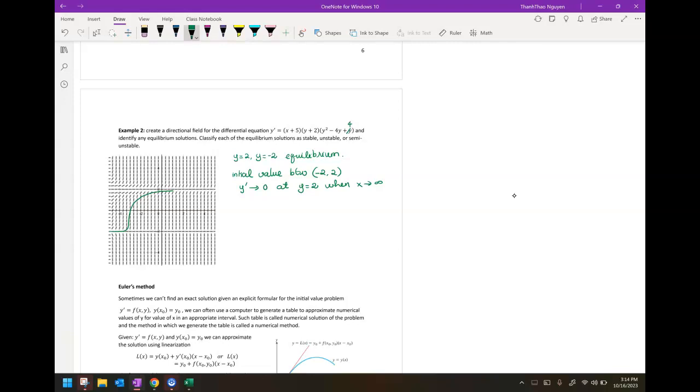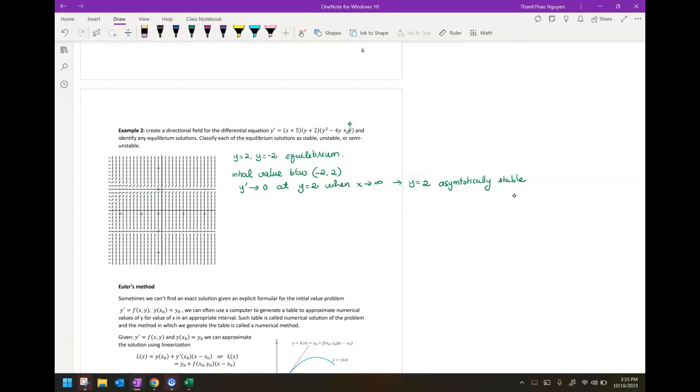So this implies y equals 2 is asymptotically stable.